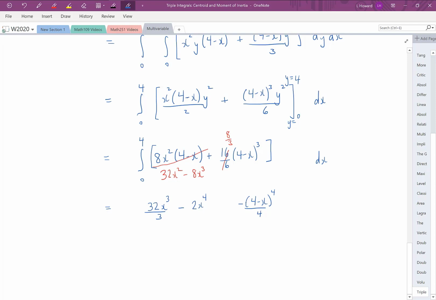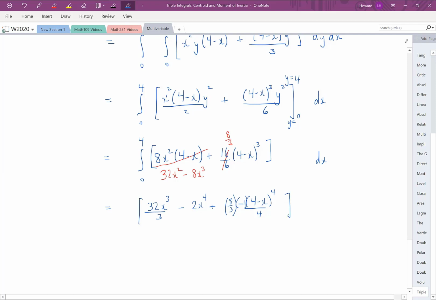So if you wanted to do a substitution on the side, you could, but I would just tend to do this a little quicker and say that's minus (4 minus x) to the 4th over 4, and that's still times the 8/3 that we had in front there. So I'll say it's 8/3 times minus 1 times (4 minus x) to the 4th over 4. That's just my fast way of doing substitution.